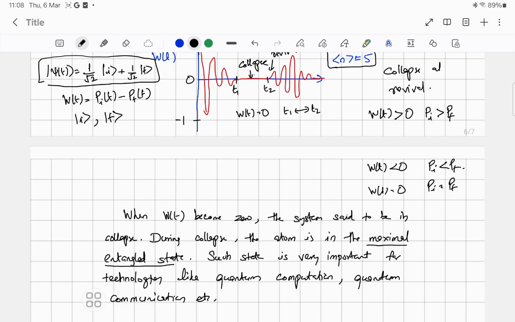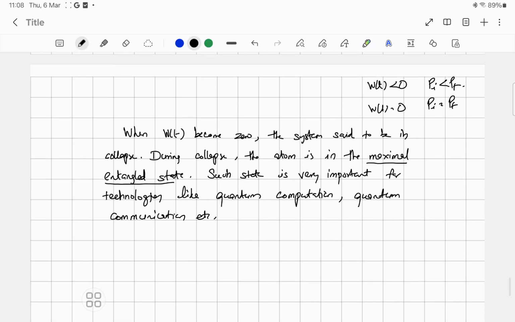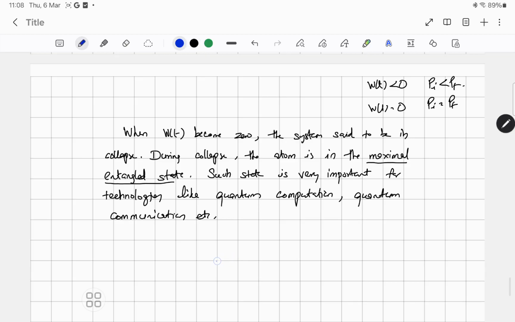Okay, so I can summarize what we have discussed so far. If you take a two level atom with two possible states E and G, and the photon is in the Fock state, then the atom may de-excite to the ground state, and it can also be excited from the ground state to the excited state harmonically with time.